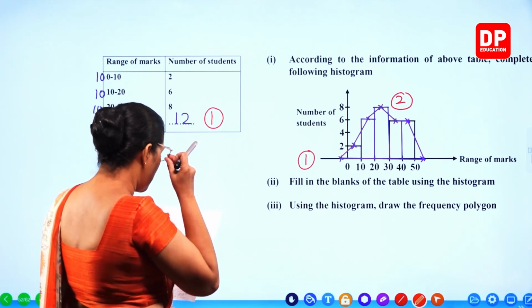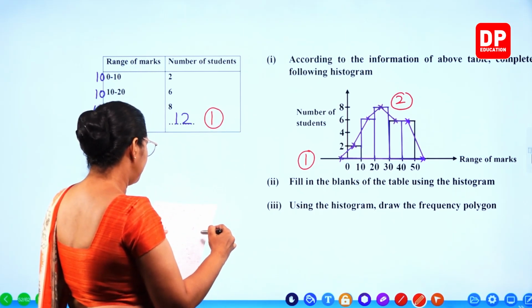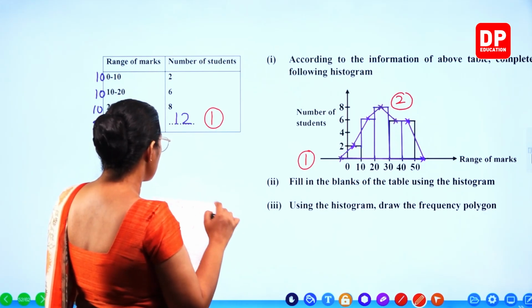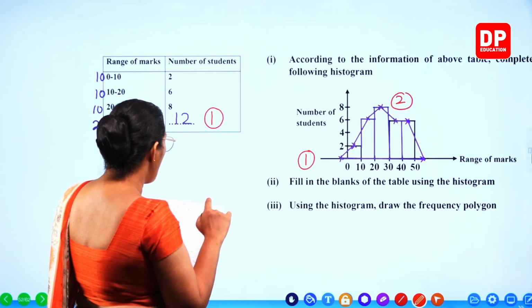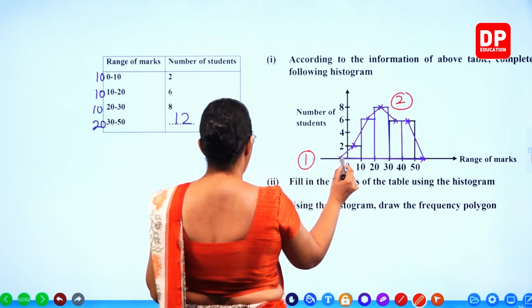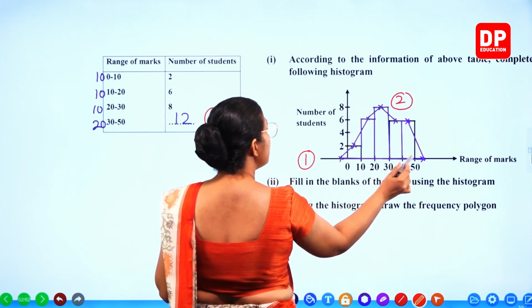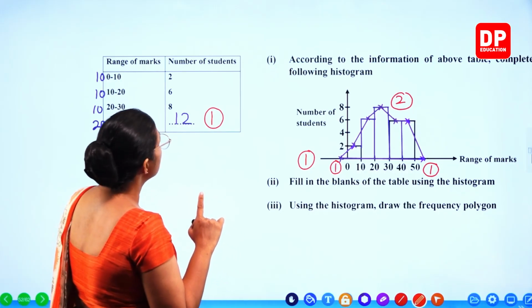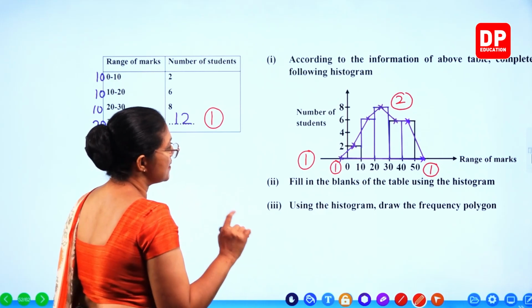So altogether, how many marks? So you are getting 6 marks for this one. We need to give more marks. So joining this point and this one and this one, another 1 mark you are getting. So 6 marks altogether. 1, 2, 3, 4, 5, 6.